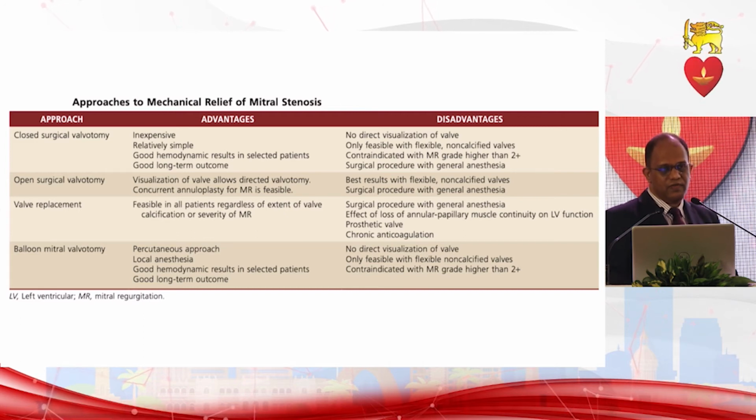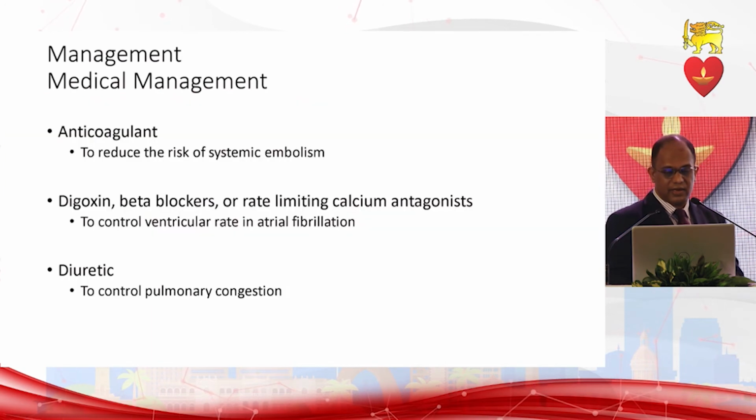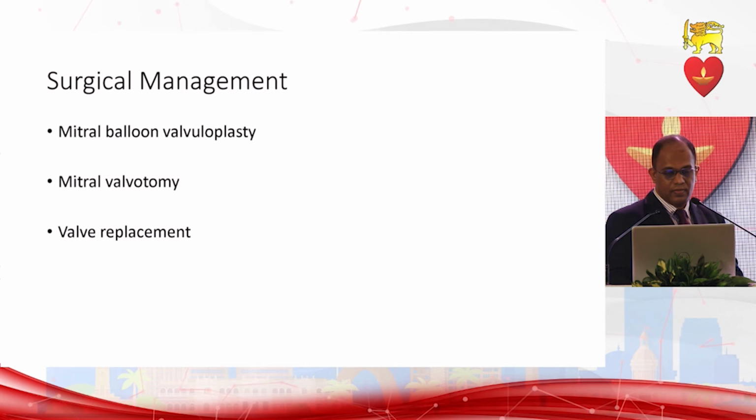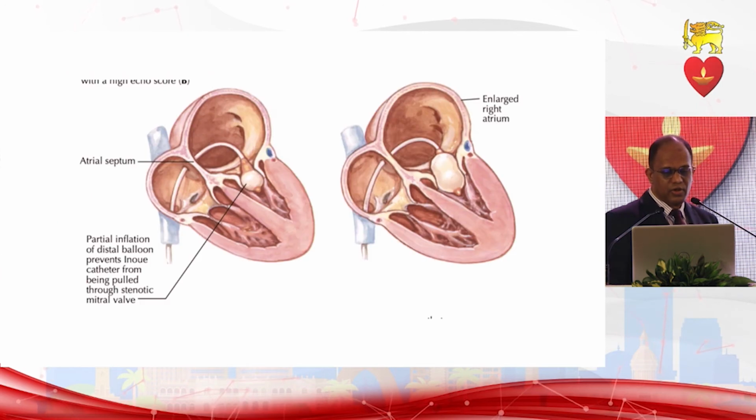As cardiologists, what we are frequently doing is the procedure called PTMC, the percutaneous mitral commissurotomy, where we insert a balloon across the mitral valve and dilate. So this is the procedure. We come through the right side of the heart, going across the interatrial septum, and insert a balloon across the mitral valve.